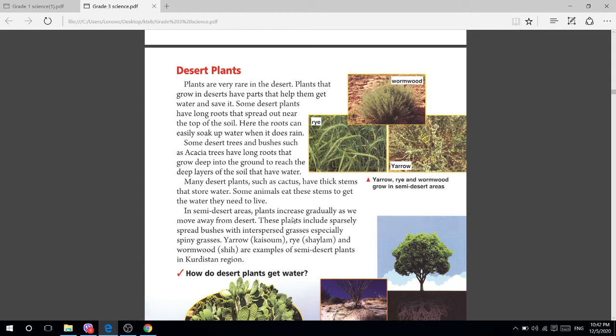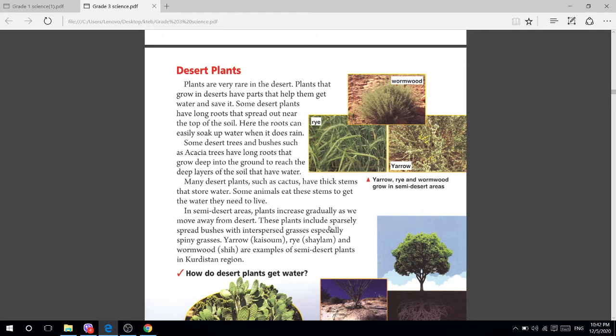Do you understand how they can live during the summer? Because the cactus has a very thick layer to save water. But we also have some plants in the semi-desert areas. Plants increase gradually as we move away from the desert.